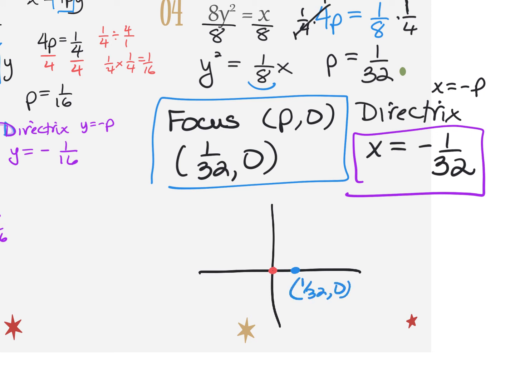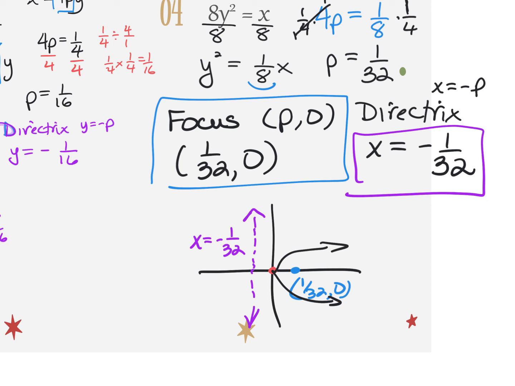And then I'll put my directrix equally distant from that red dot. And this is the equation x equals negative 1 over 32. And again, your parabola will surround the focus. And I'm not expecting you to find an additional point. If you do, you could plug in any number you want in there to get an additional point if you wanted to see exactly how wide or skinny it should be.